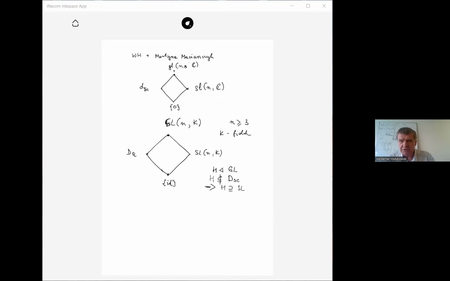And the situation is here something different, because here we have a thin line, usually if K is a field of characteristic 0, and here we have a thick line because we have many normal subgroups of the general linear group which are subgroups of scalar matrices. Analogously, we have here many normal subgroups which contain the special linear group and are normal subgroups in the general linear group.